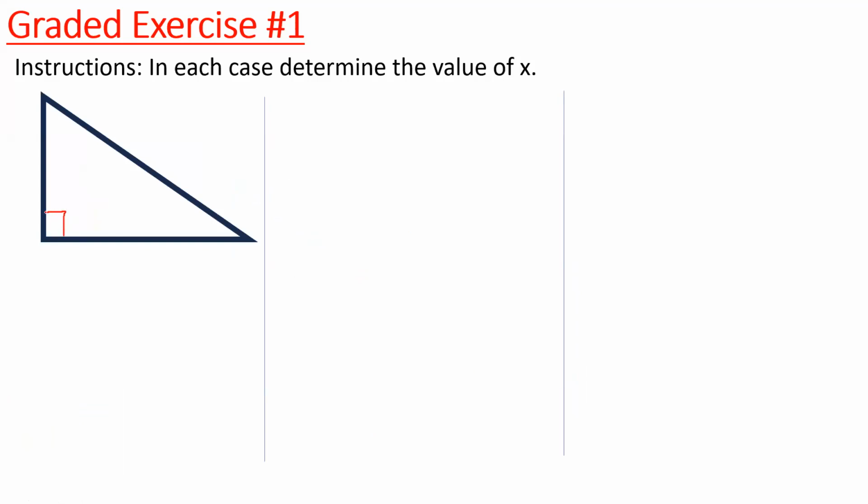Anyone remember what the box means? 90 degrees. 90 degrees, very good. So this one is 54 degrees. Determine the value of X in this case.